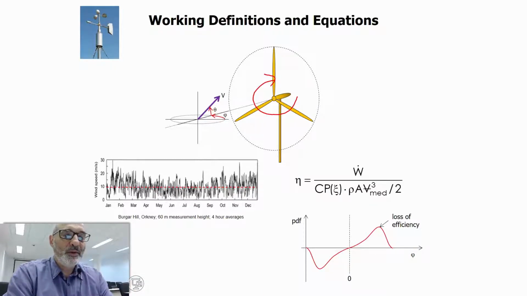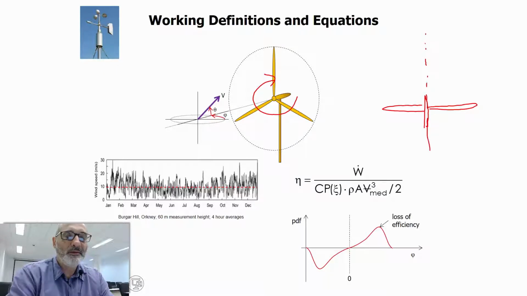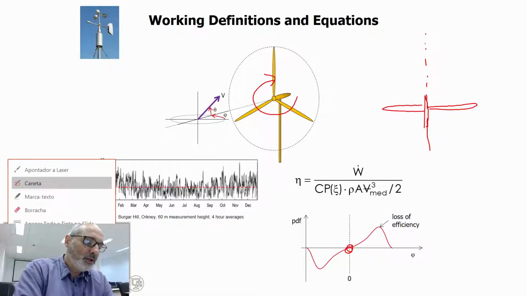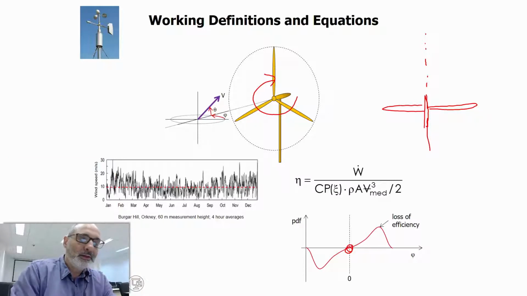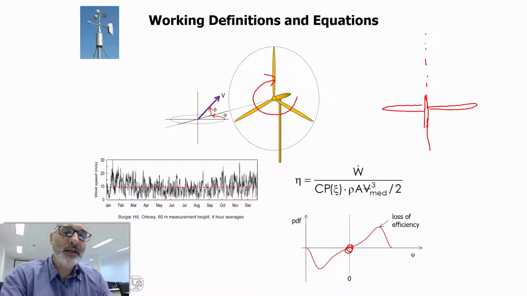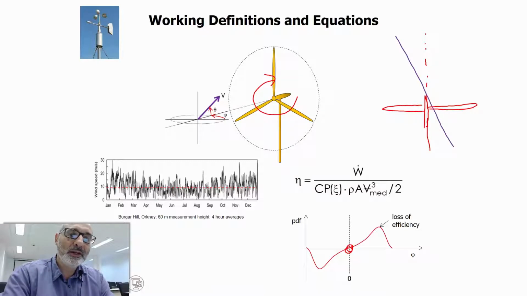And why is this a problem? Suppose that your windmill is here, these are your blades, and the wind was coming from here. So the windmill is aligned with the wind, and you have zero deviation. But suppose that instantaneously, I'm going to change colors, the wind starts coming a little bit tilted like this.